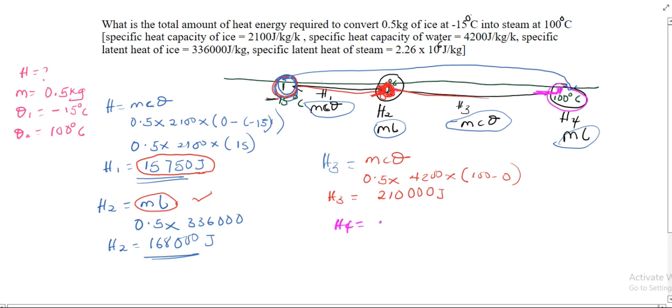H4 equals ml. Our mass is still 0.5 multiplied by the latent heat required to change the state of a substance from its liquid state to its gaseous state without a change in temperature, which is called the specific latent heat of vaporization.